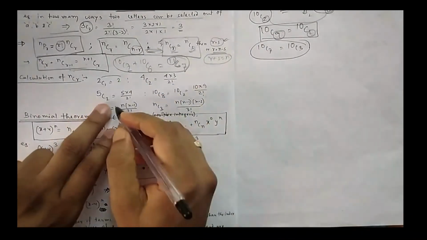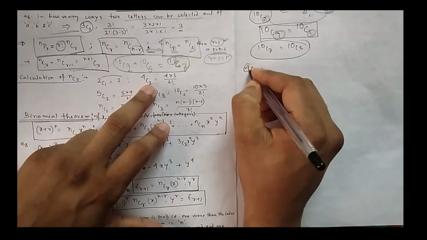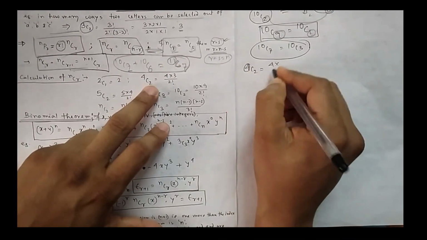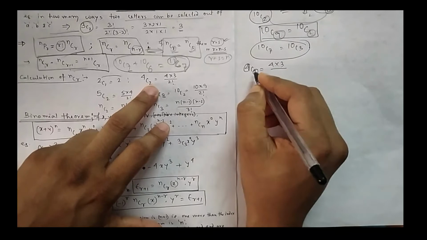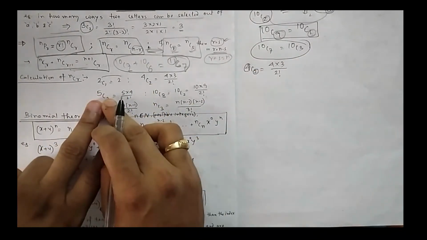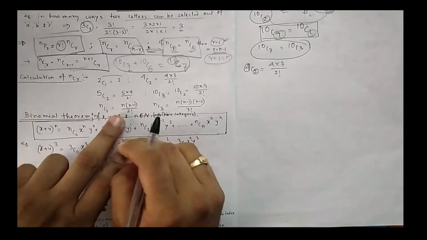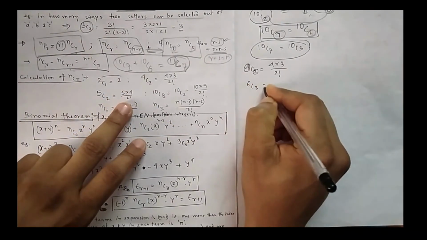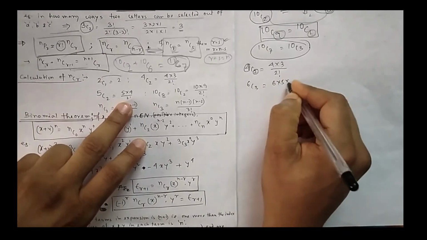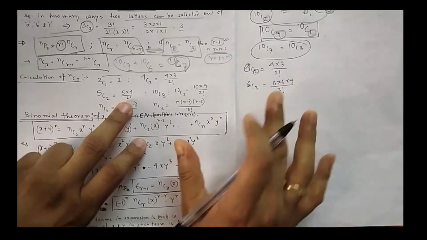Suppose it is 4C2. We write, starting from 4, 2 numbers in descending order: 4, then the next number 3, divided by 2 factorial. Suppose it is 5C2. We write 5 into 4 by 2 factorial. Suppose it is 6C3, then we write 3 numbers, 6, 5, 4, starting from 6 in descending order, then divide by 3 factorial. So this will solve your purpose.